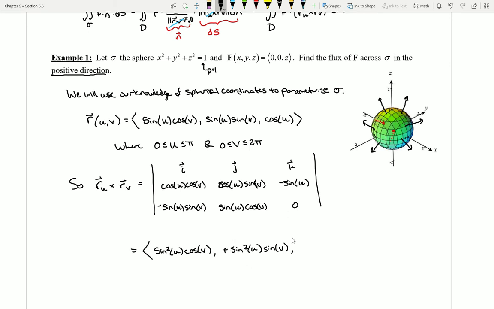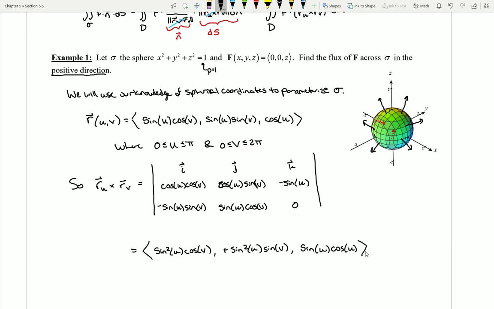And then for my last term, I'm going to get a cosine u sine u cosine v squared, plus a sine u cosine u sine v squared. And you might see very similar to what we saw in the last section, I'm actually going to end up with a cosine of v squared plus a sine of v squared once I do some factoring. And I think I can just simplify all the way down to this.